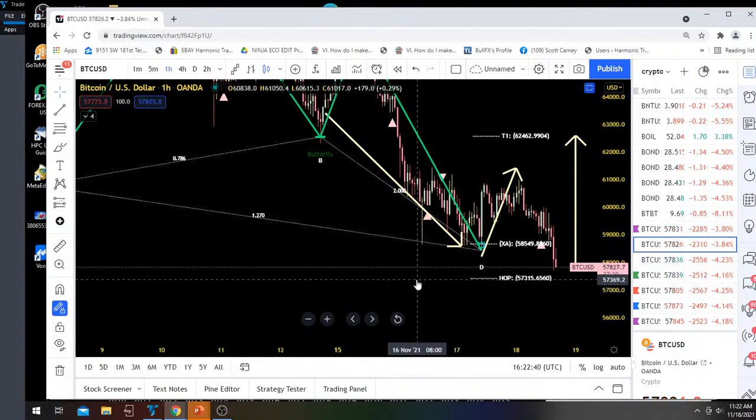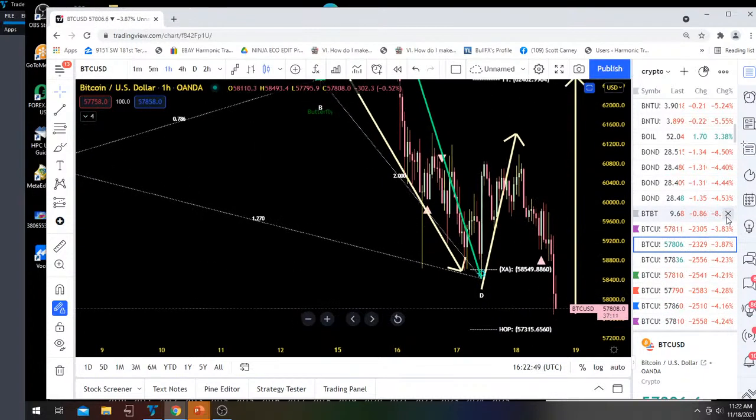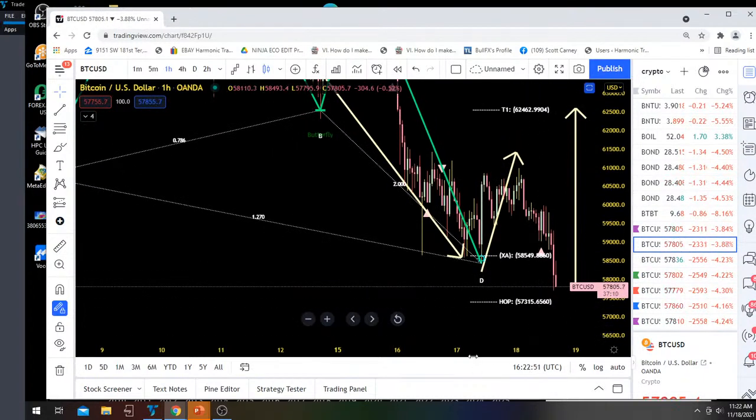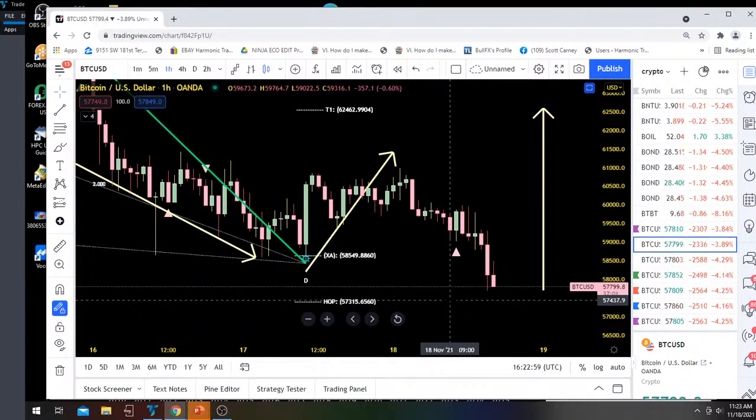And the hop level, that HOP, harmonic optimal price level, at 57,315 gives us the structural overstretch where it could reach down to that level, but I don't want to see it much below there. Kind of surprising, right?